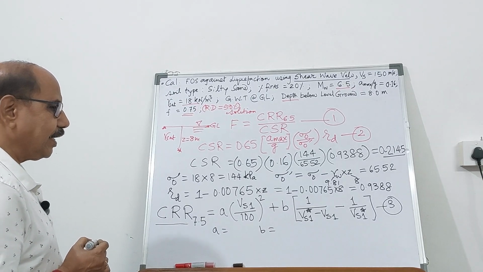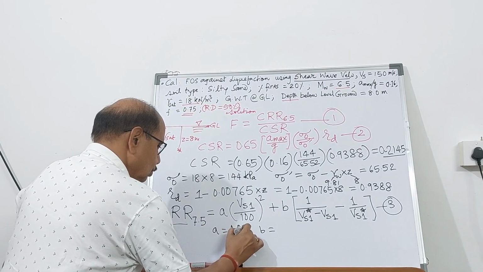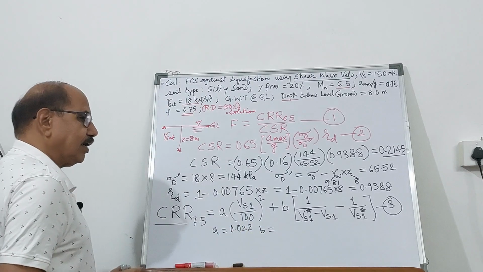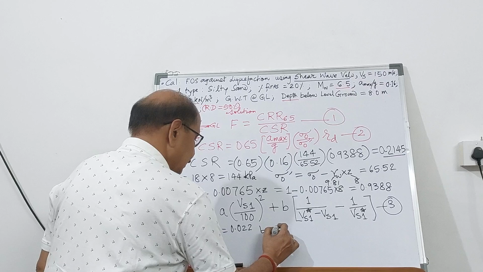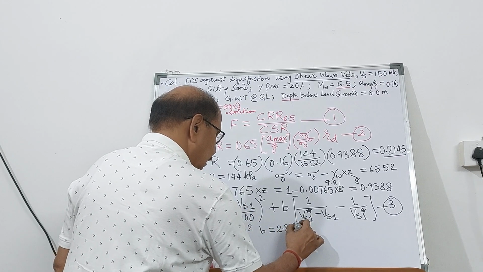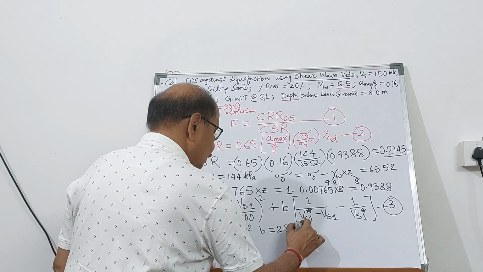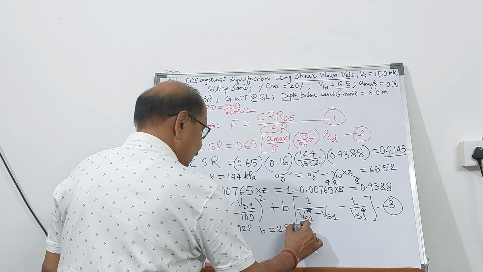The value of A is 0.022 and the value of B is given as 2.8. So this you can find out from the IS 1893.